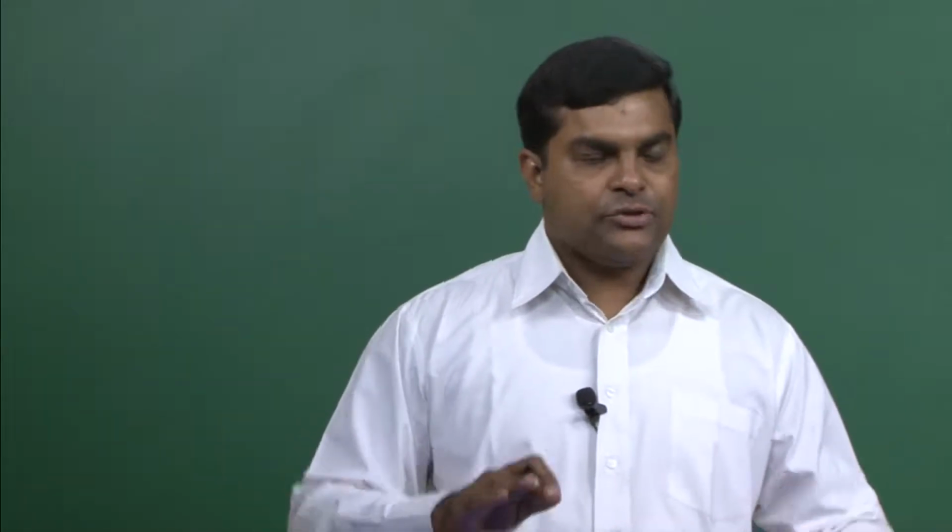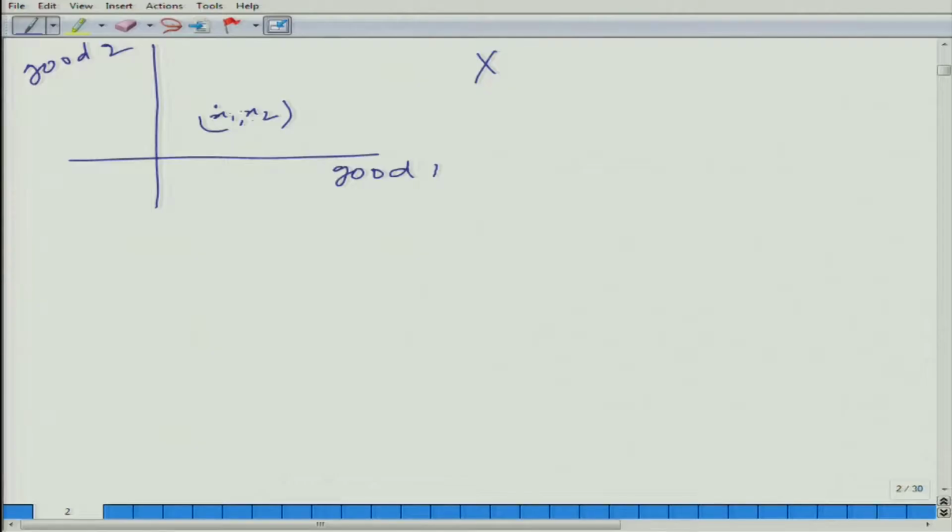They do not have any element in common, and other than this mutual exclusivity, they have one more property: they completely cover the entire consumption set. That is why it is a partition. So this is partitioning the set into 3 mutually exclusive sets which completely cover the consumption set.